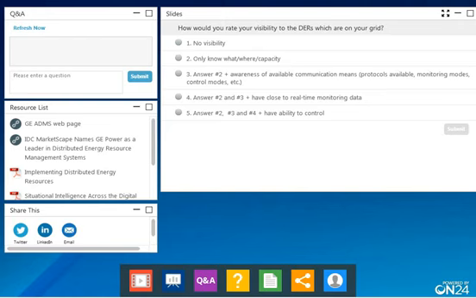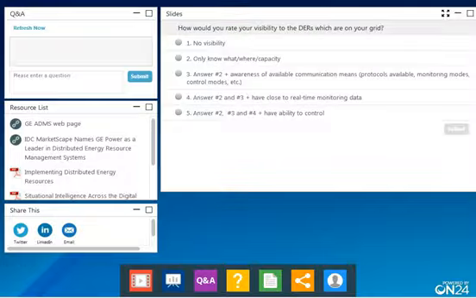And so number two would be, you know what's there, where it's connected. You have a first parameter like, okay, it's a PV of that size, but that's about it. Number three would be the same, but in addition to that, you have some awareness of what are the communication means that you can use to interact with this particular device.